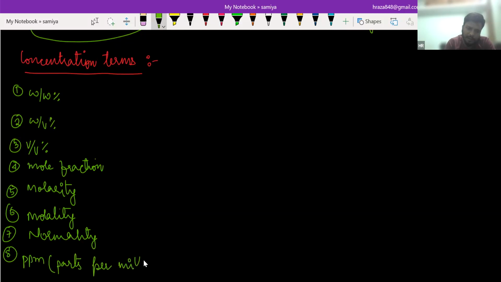It is very easy. Percent means parts per 100, and ppm means parts per million. In percent we see in 100, and in ppm we see in million, 10 lakhs. So this is the whole list of concentration terms that we use to define solution: weight by weight percent, weight by volume percent, volume by volume percent, mole fraction, molarity, molality, normality, and ppm.